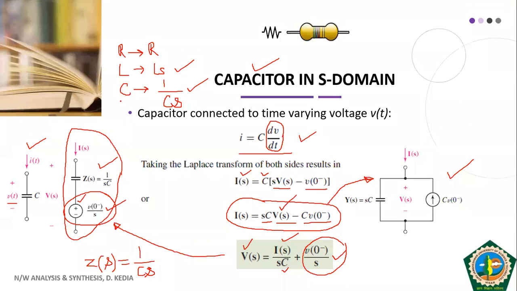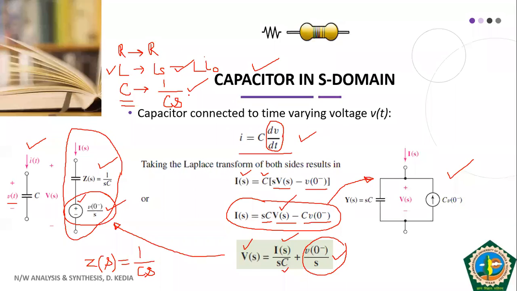We know that a capacitor tries to preserve the voltage. So your initial condition will be in the form of voltage, whereas an inductor tries to preserve the current. So initial condition will be in the form of your current. So it will be Ls minus Li0. Okay.